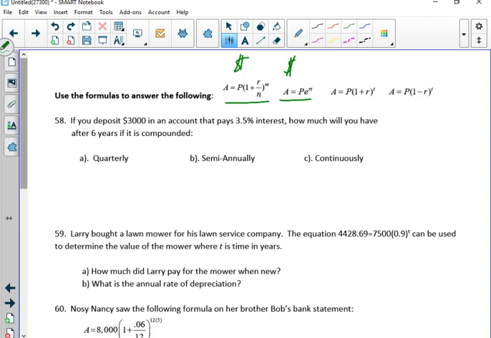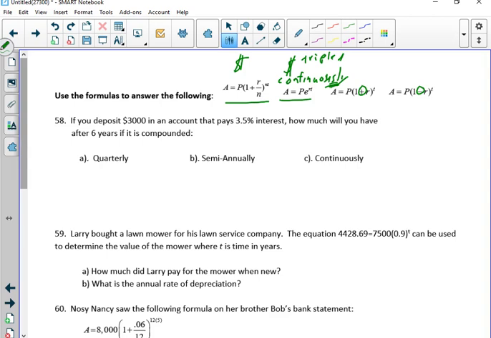But these are investing problems usually. Remember, e is continuously. If you see the word continuously, or words like tripled, doubled, or quadrupled, you're going to be using the e. And then this is growth, this is decay.